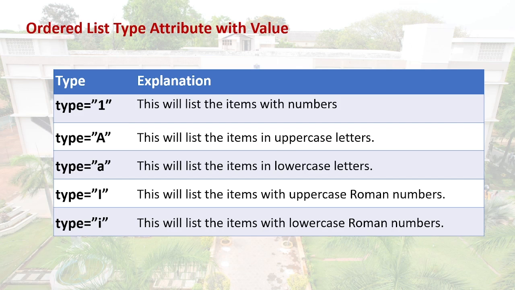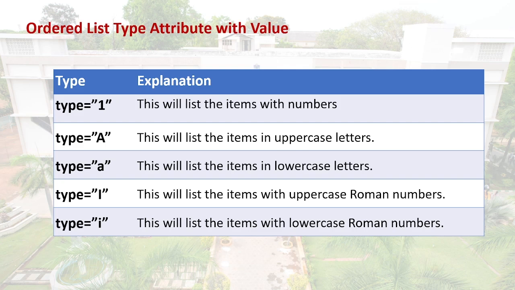An ordered list with attribute and value. There are many types we can use within an ordered list. There are different HTML styles for ordered lists using the type attribute.